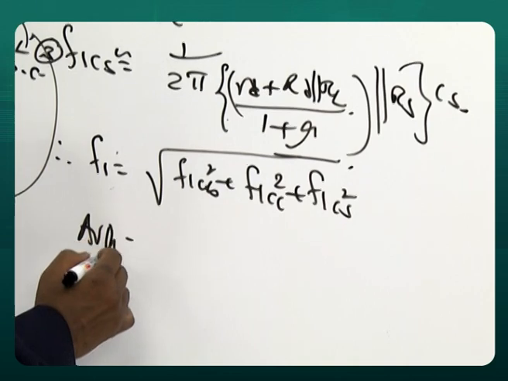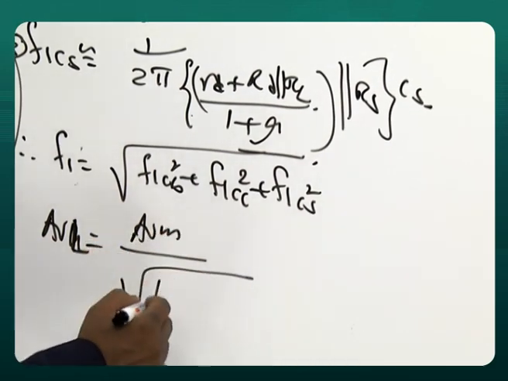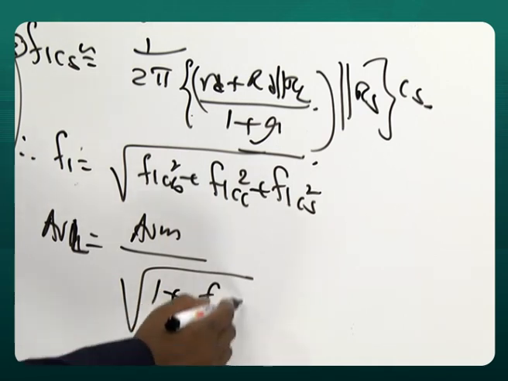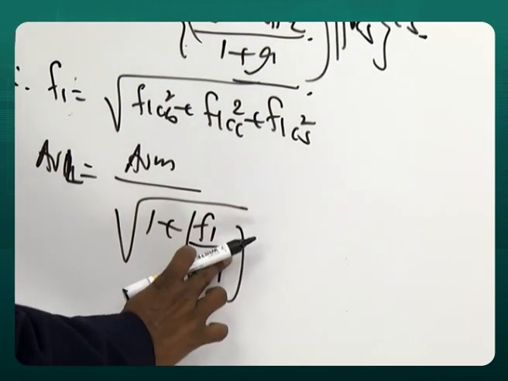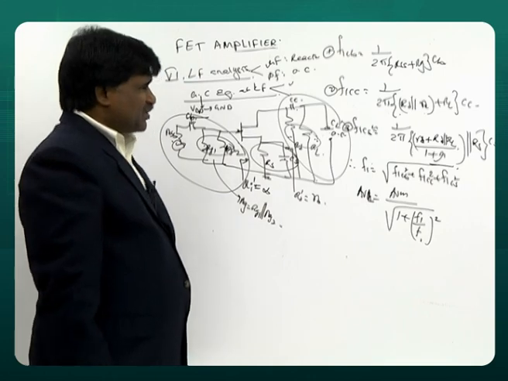And AVL is equal to AVM by root of 1 plus (F1 by F) whole square. Now what am I trying to say?